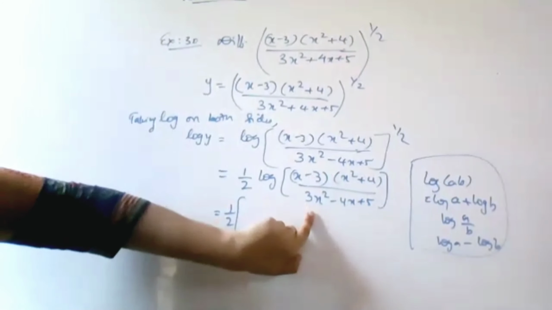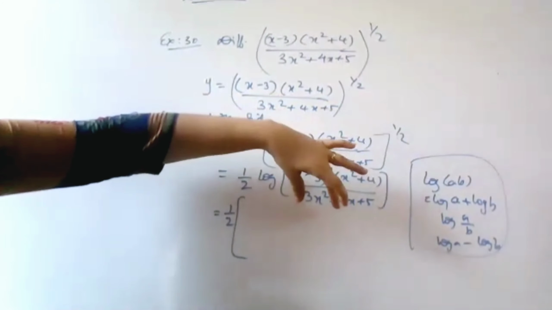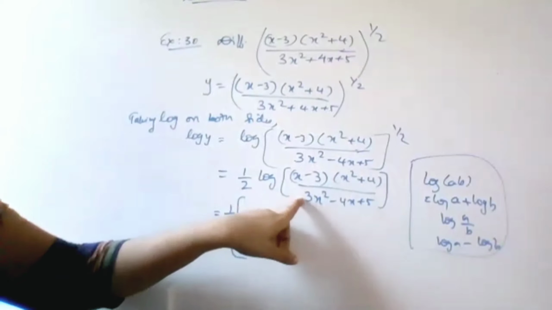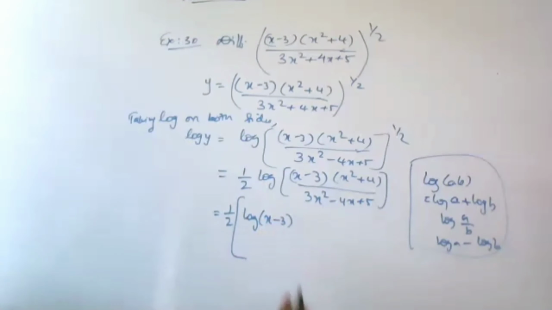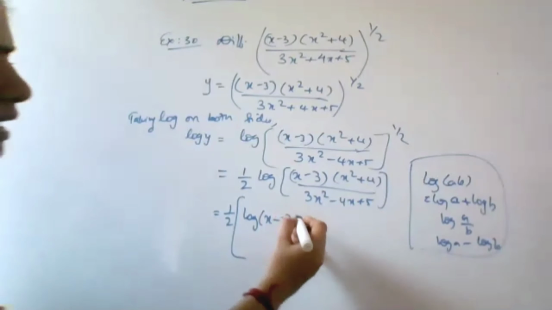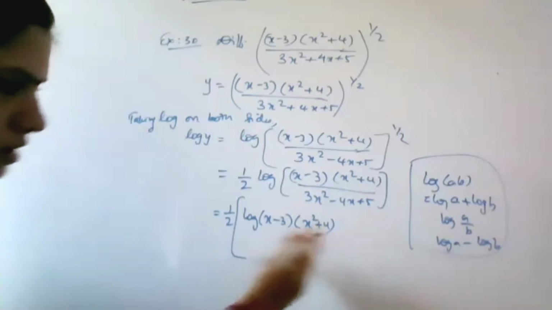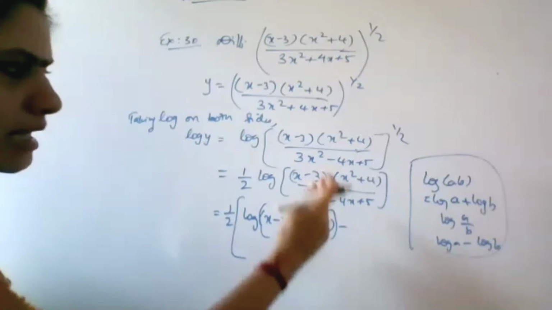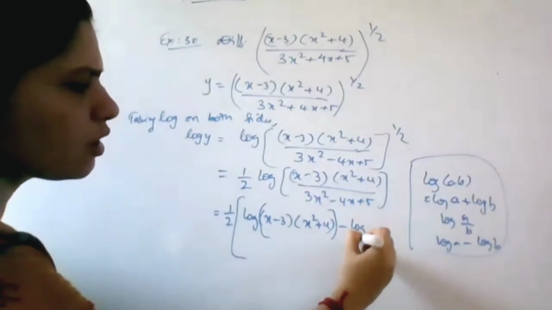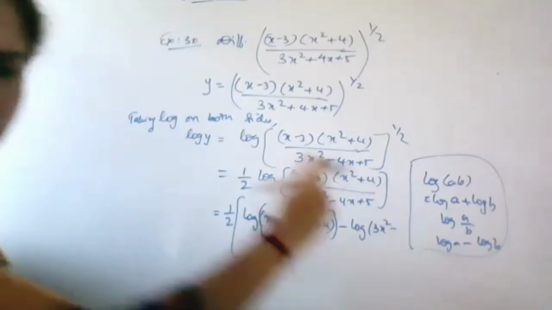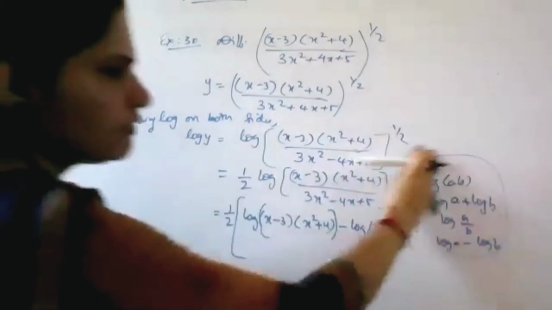And this is in the denominator, that means this divided by this will give you a negative sign for this. So first you can write log of the product of x minus 3 and x square plus 4, minus log of 3x square plus 4x plus 5 in the first step.